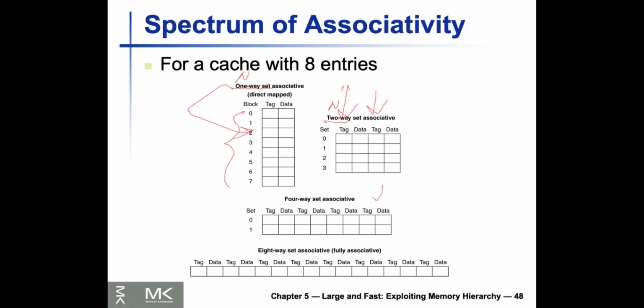Now you need 4 comparators. Now this is your fully associative cache. Now you need 8 of those. So we started from this and gradually moved down towards this.